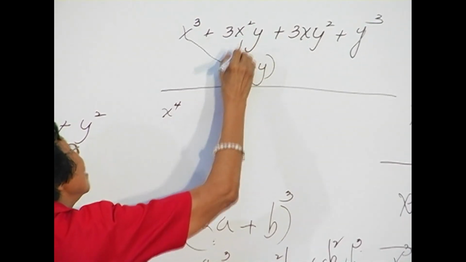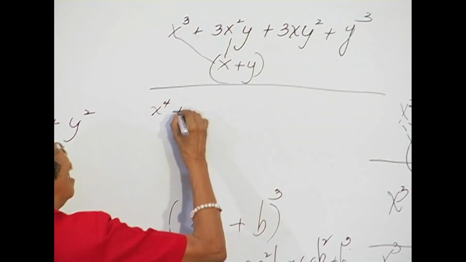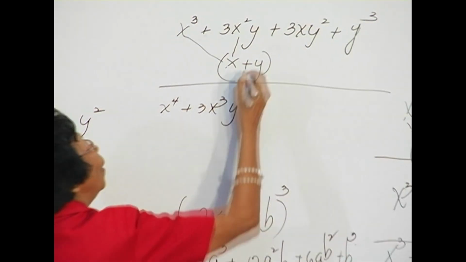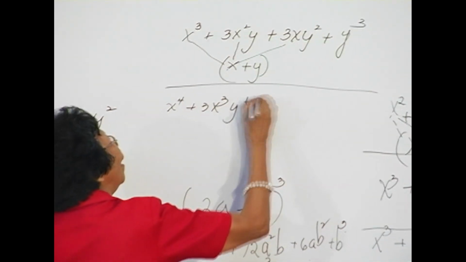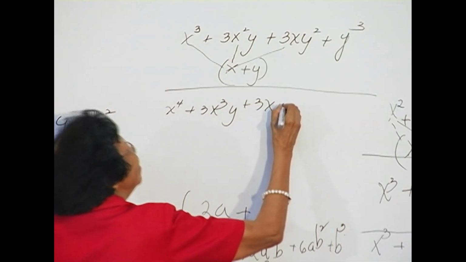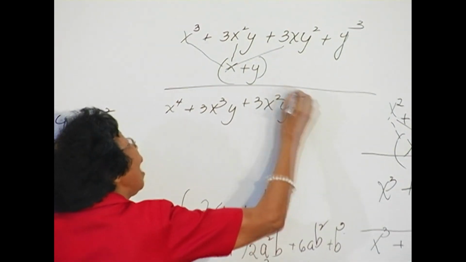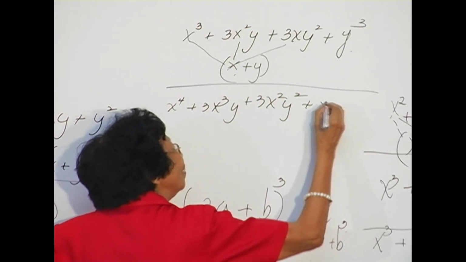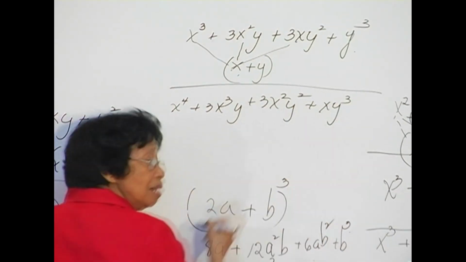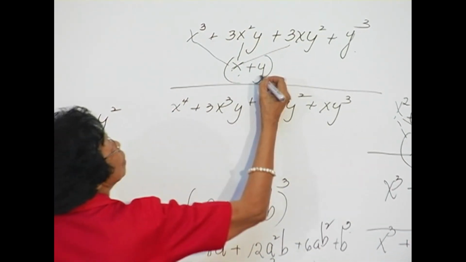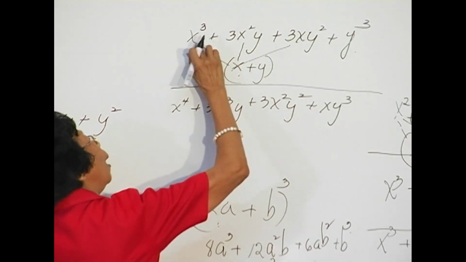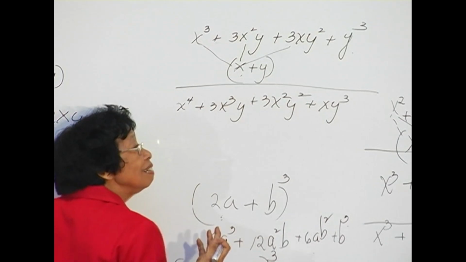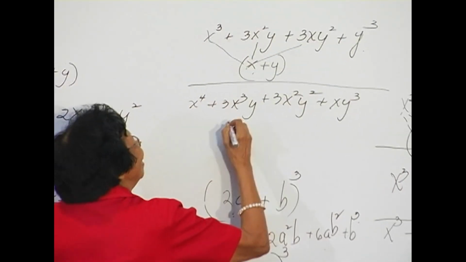And this, 3x cubed y. And this, 3x squared y squared. And this, xy cubed. Are we done? Not yet. We haven't done our part for that. x cubed y. Where do I put it? Under 3x cubed y.